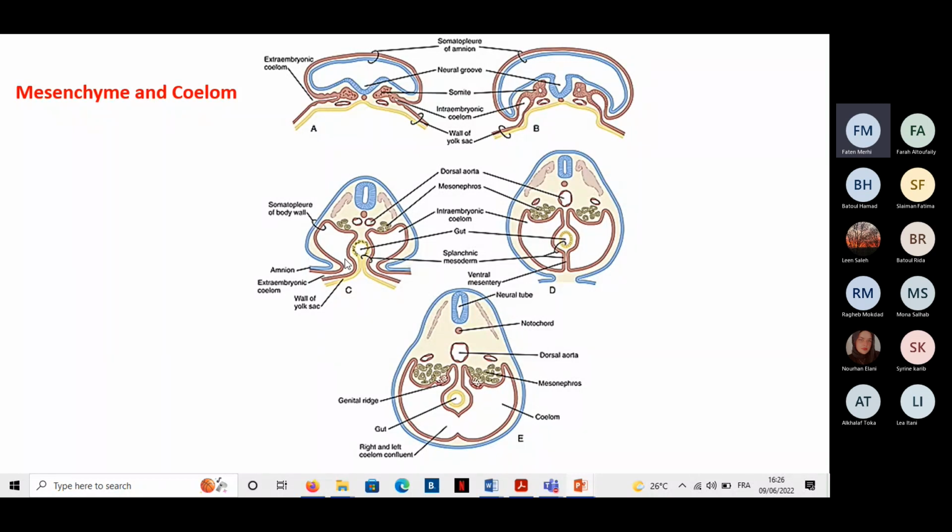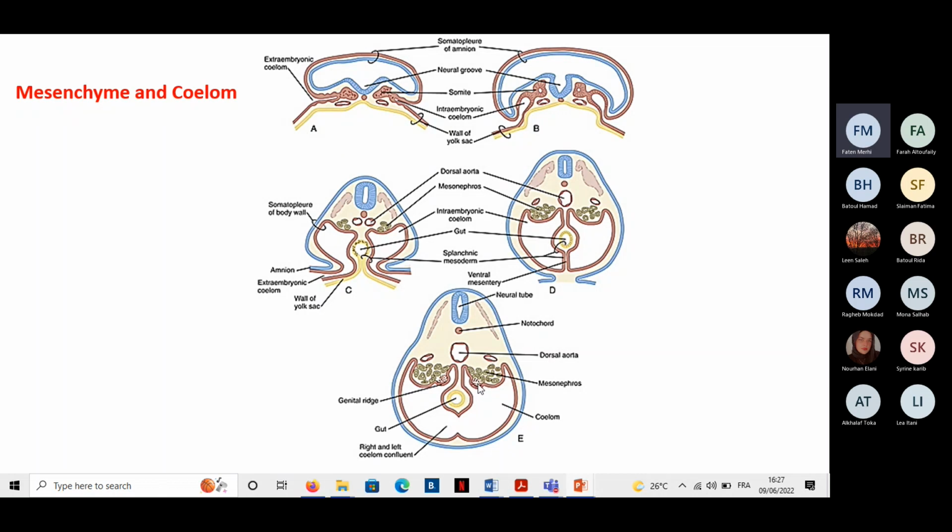We have the cavities formed, and this cavity is called the coelom. This part here is the intermediate mesoderm. The intermediate mesoderm will develop here and will give the genital ridges.